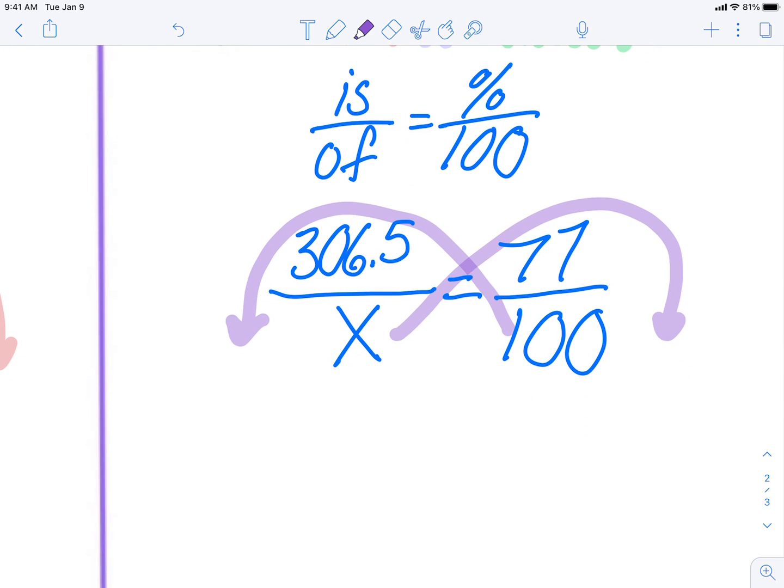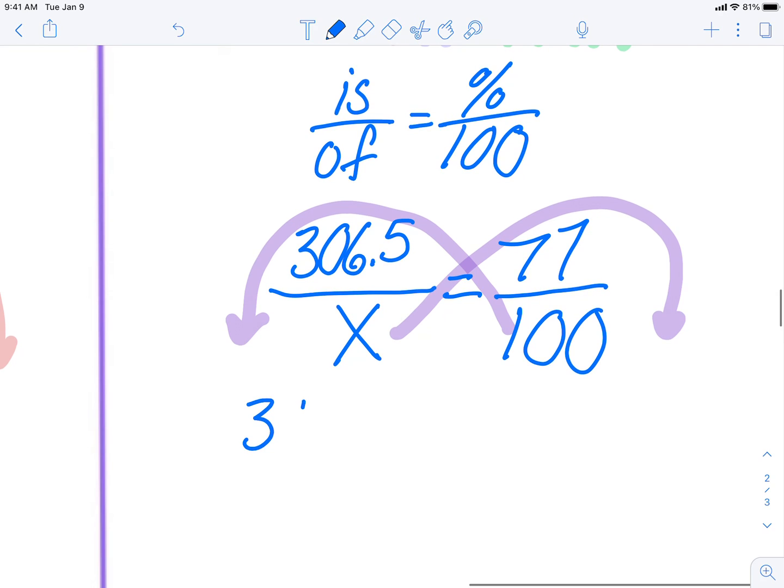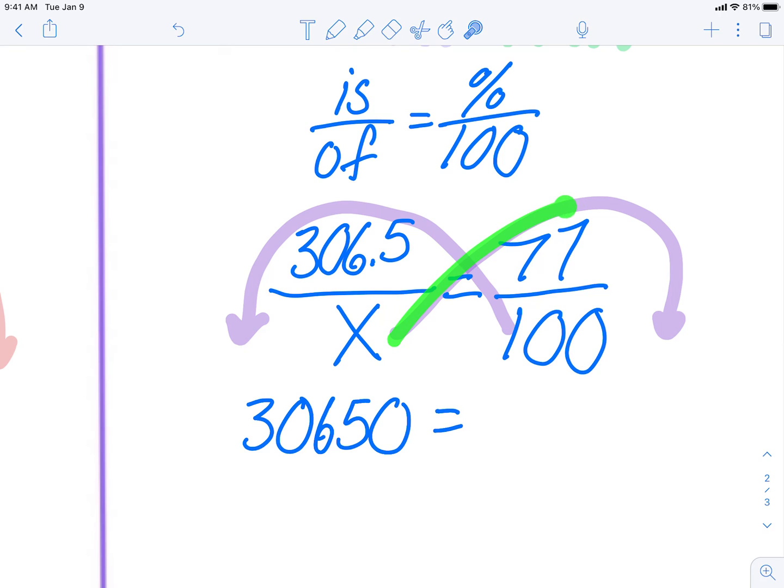So 100 times, not divided by, 306.5 times 100 is equal to 30650, right, is equal to x times 77, which is 77x.